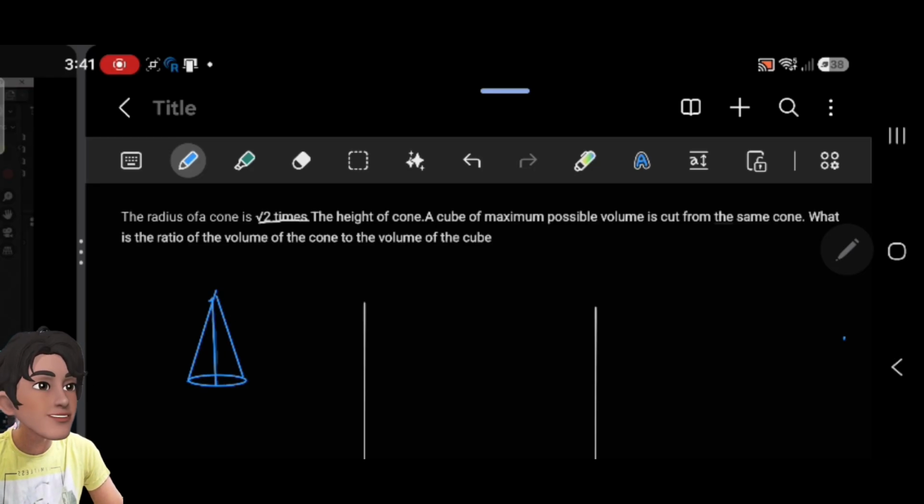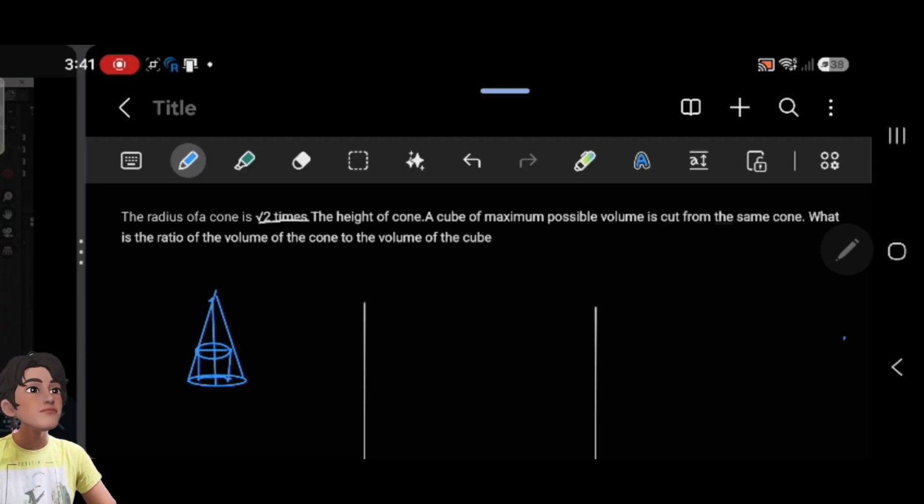Now constructing the altitude of the cone. Now fitting in the cube. Now drawing the purple circle which I denoted in the 3-dimensional figure. Now taking that part alone separately.